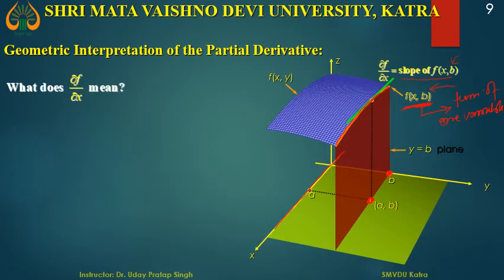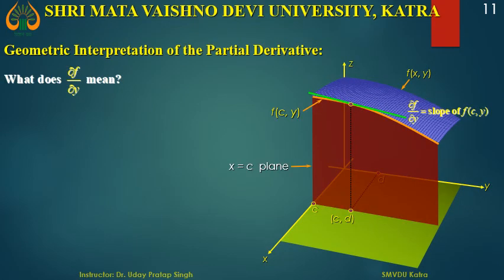Let this be the point where we draw the tangent. The tangent is drawn by the green line. Then the slope of f of x, b at this point is known as dou f by dou x. Similarly, we can define the meaning of dou f by dou y, treating x as constant and making y a variable.